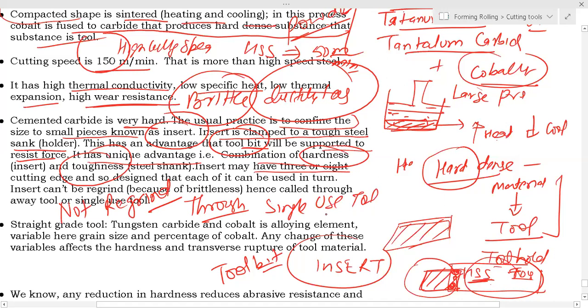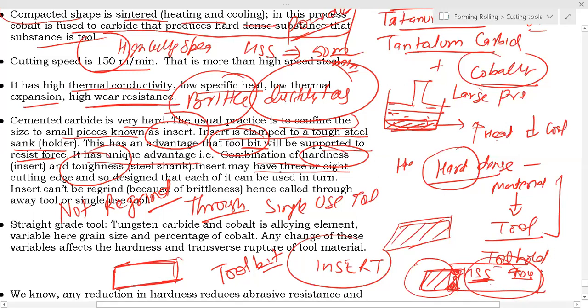So this tool will have 3 to 8 edges. This edge will be there, this edge will be there, this edge will be there. In rotation, we use all the edges, like your shaving blade. In a shaving blade you have 2 edges, right? Once we use this edge, then we use the other edge.